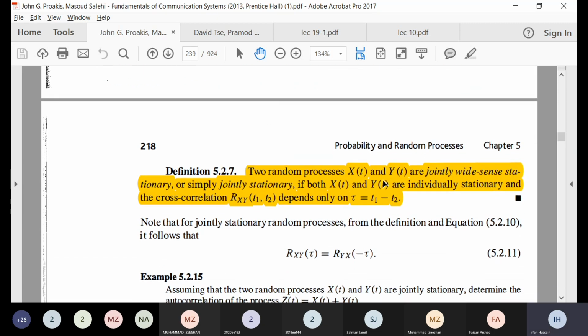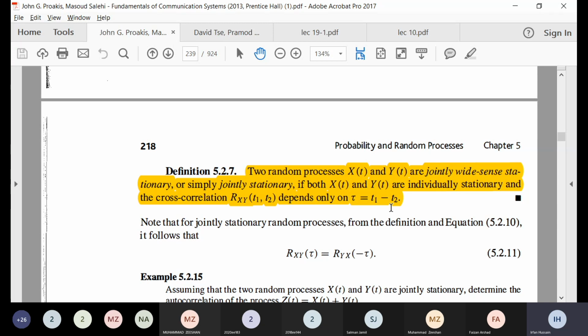Now, two random processes will be jointly WSS, or jointly stationary, if both are individually stationary, as well as their cross correlation should only depend on the difference tau.